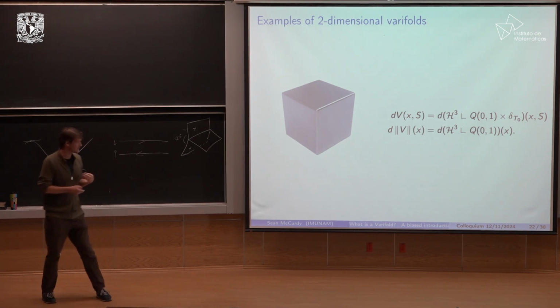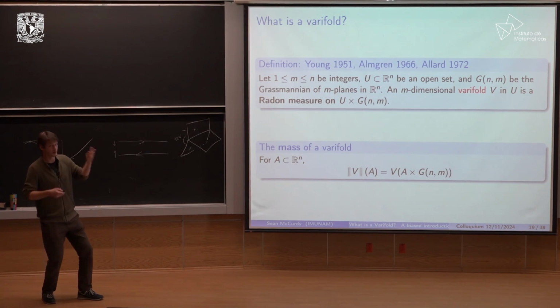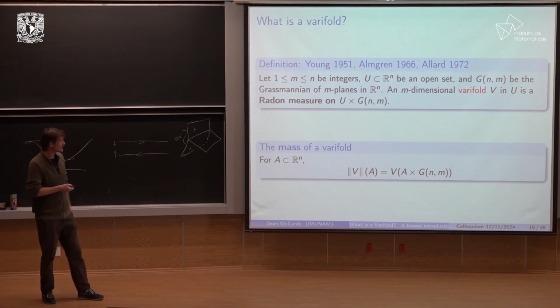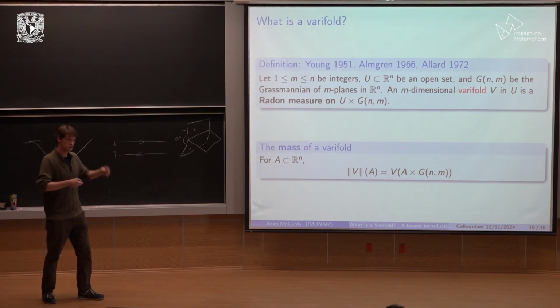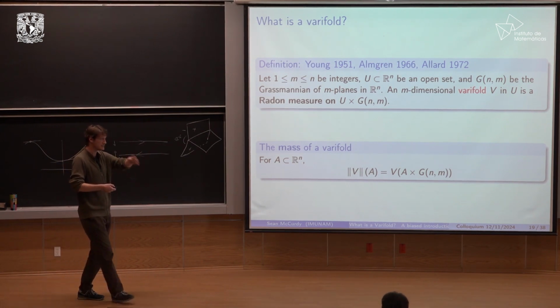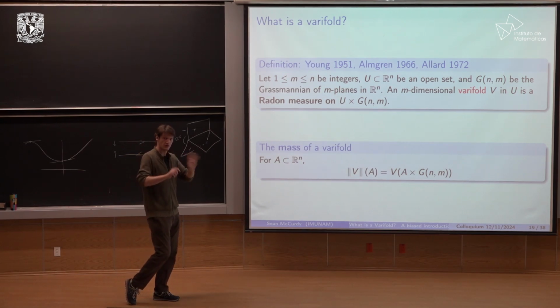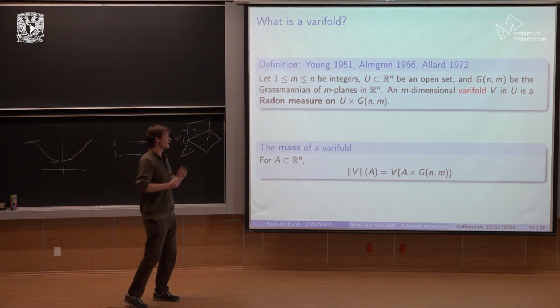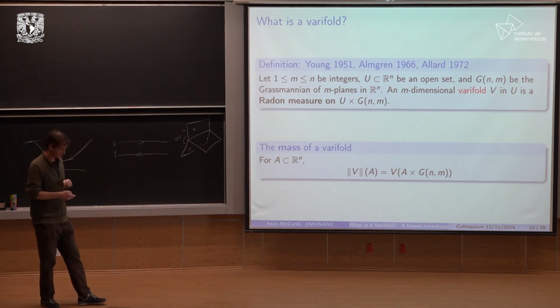To emphasize in the definition that whether or not you're an m-dimensional varifold does not depend upon what the support looks like in your Euclidean component. It only depends upon which Grassmannian you're looking at. So as long as you're taking two-dimensional planes that's your Grassmannian, then you're a two-dimensional varifold, no matter what the structure or size of your induced mass measure is.